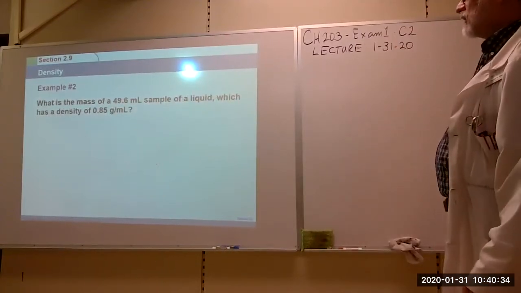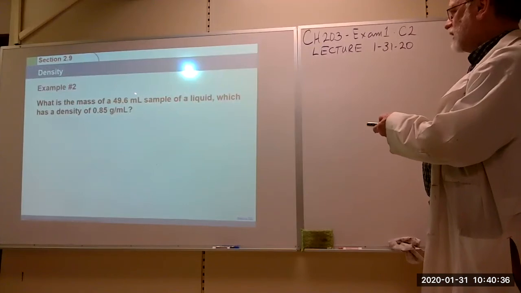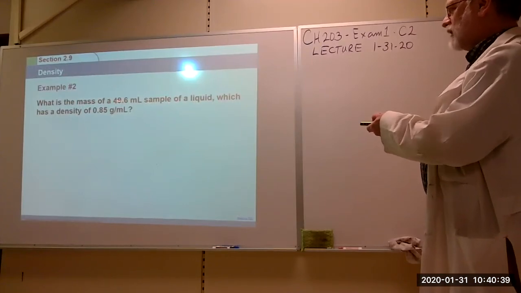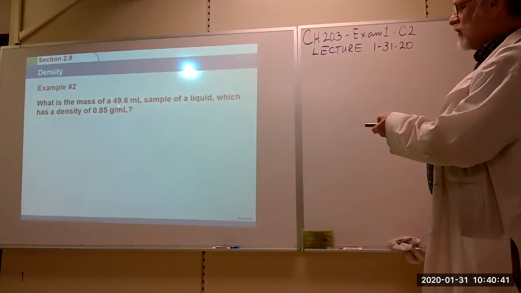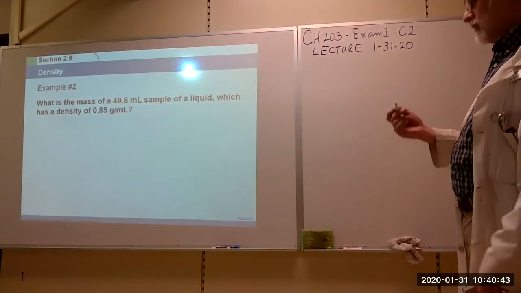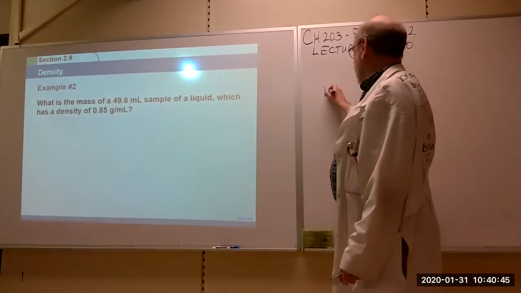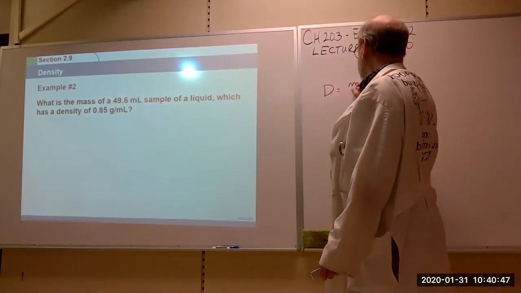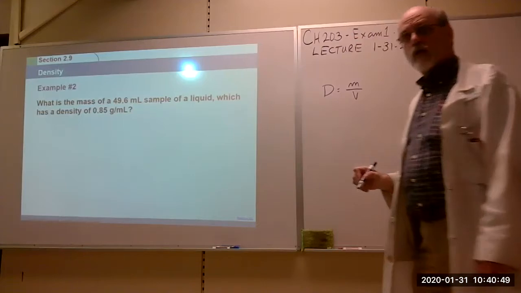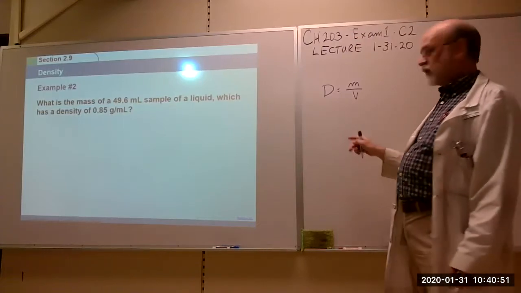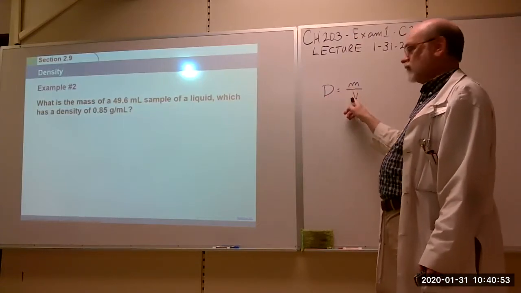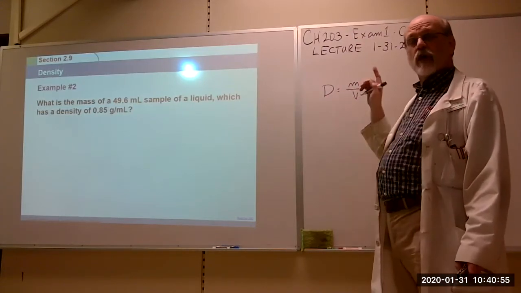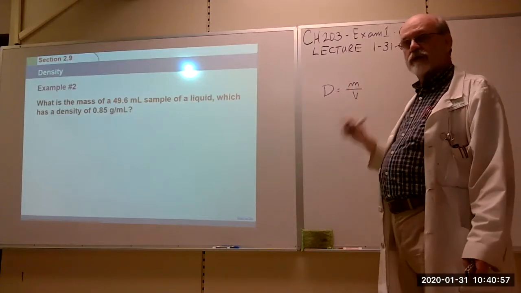Okay, what about this one? This liquid sample has a density of 0.0. They're going backwards. So that's the interesting thing about mathematical equations. We have 3 variables here: density, mass, volume. If you know 2 of them, you can solve the third one.